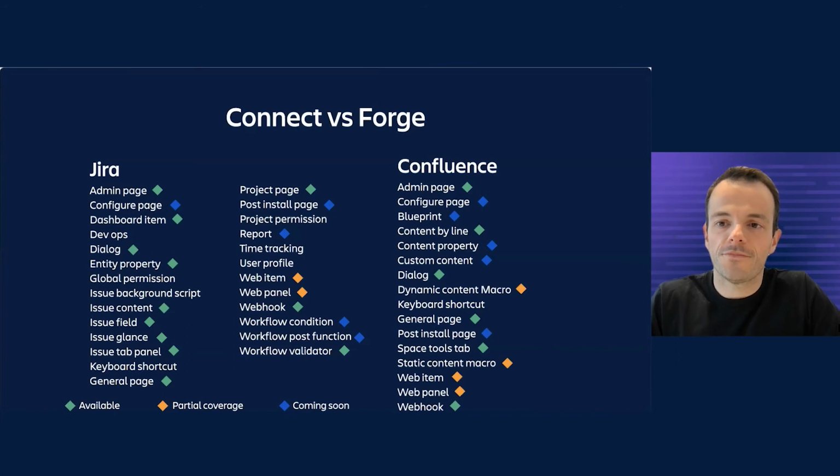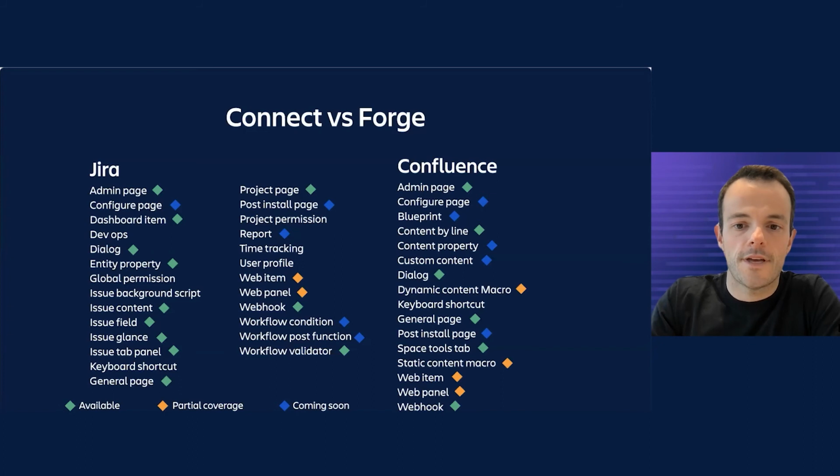So we won't be bringing those across one for one as they exist in Connect to Forge, but we will be paying close attention to the most popular ones and making sure that you can achieve the same use cases in Forge. And so they'll come across as different modules. And you may have seen some of those already. So yeah, just keep a close eye on those.